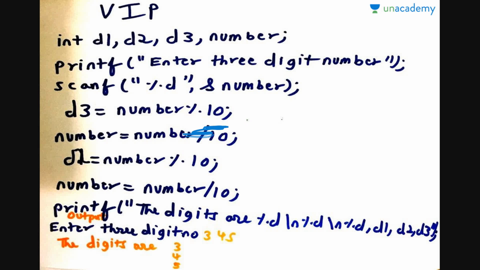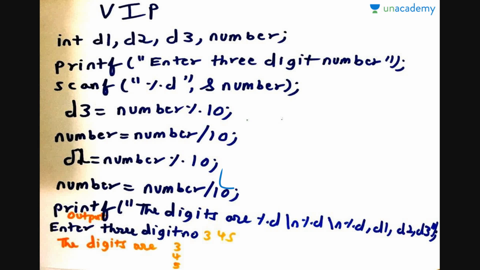When the same number is divided further by 10 and the quotient is taken, then the last digit is discarded and the remaining digits are obtained as the result. So in this mod you will get the last digit, you extract it, and you again go to it and you will get the second last digit and so on.